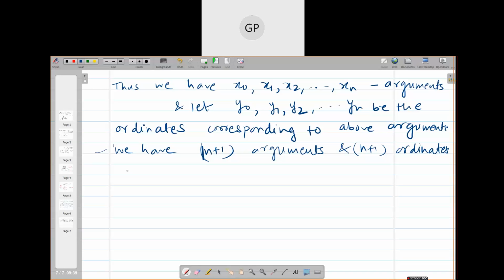Is it expressed in x? Y naught plus u delta y naught plus u into u minus 1. It is expressed in terms of u, and we are given the function in terms of x. Therefore we need to make a change of variable here.